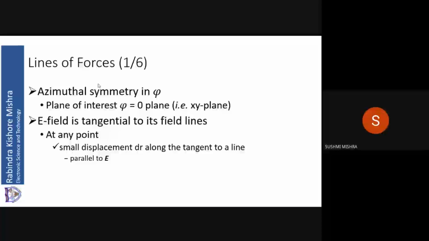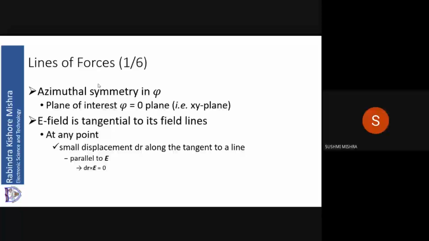If it is tangent to a line of force, then this tangent will be parallel to E.